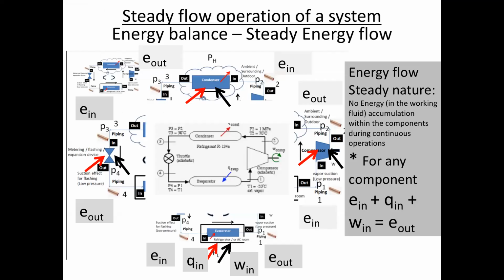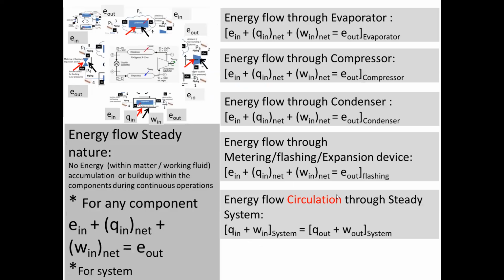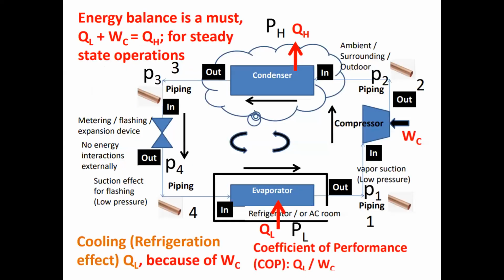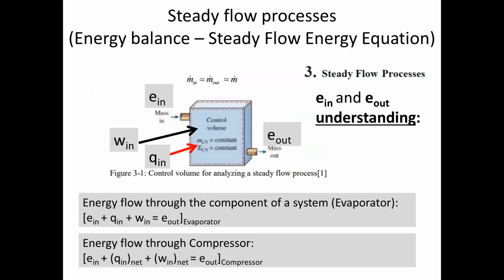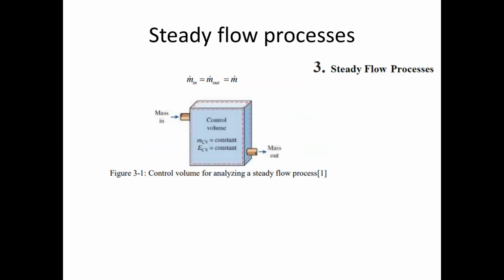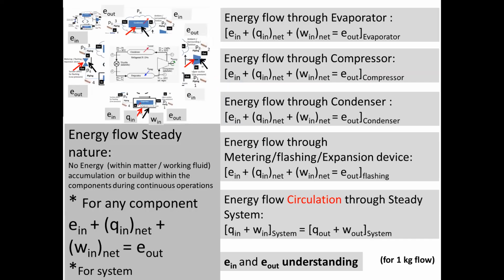And energy flows, steady energy flow, or steady flow energy equations, energy balance with the working fluid for any component. And then for all the 4 components, we wrote it for the system balances. And now we came to a note, connect note with this knowledge.